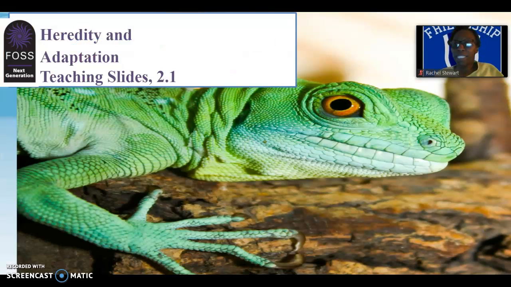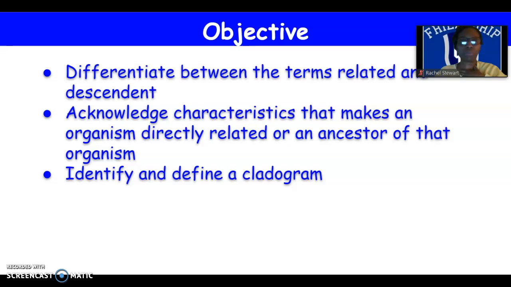Alright, we've been discussing heredity and adaptation in school for the last couple of days as an introduction period. So now we're going to move further. We are going to differentiate between the terms related and descendant.